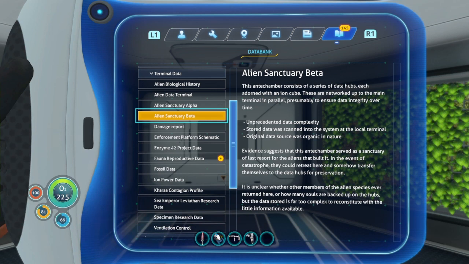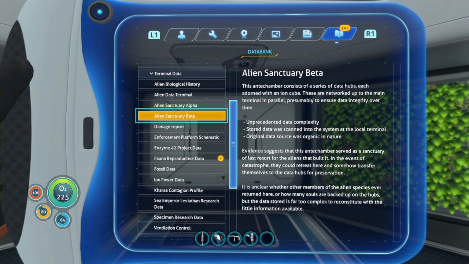These are networked up to the mainframe terminal in parallel, presumably to ensure data integrity over time. Unprecedented data complexity. Stored data was scanned into the system at the local terminal. Original data source was organic in nature.